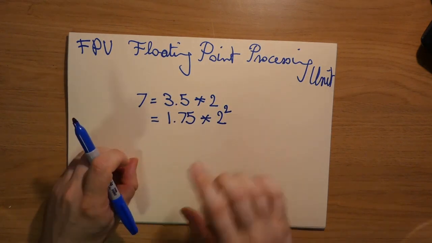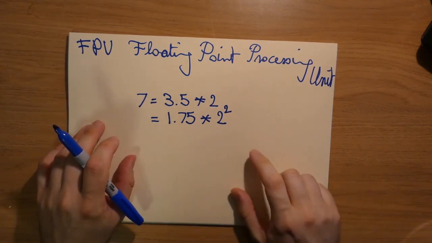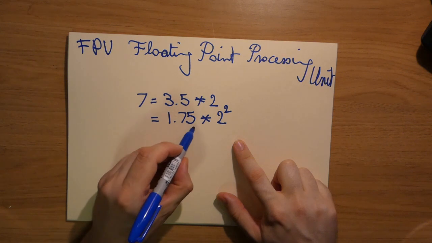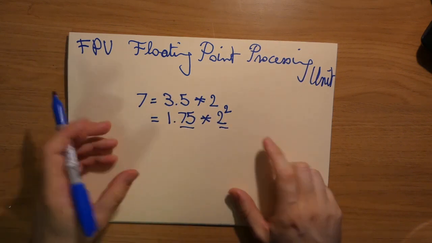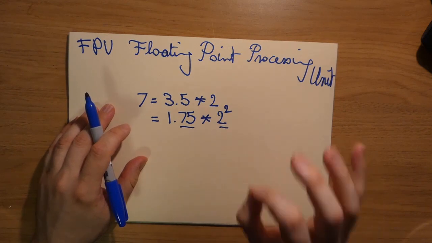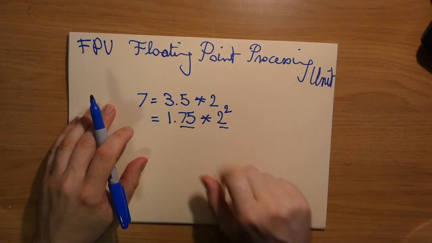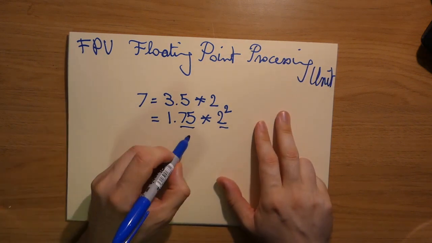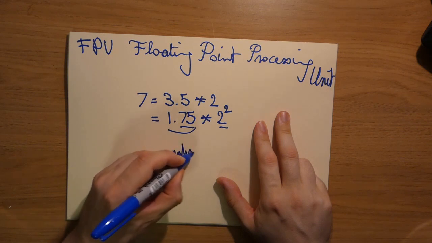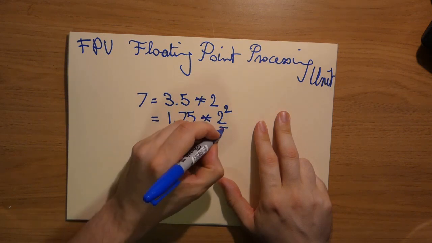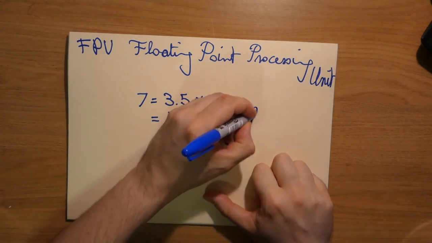And the idea behind floating point numbers is that everything can be written as 1 point something times 2 to the power of something. That's not 100% true, because you cannot write 0 this way, but almost all numbers can be written in this way. So this thing is known as the mantissa. This would be the base, and that is the exponent.